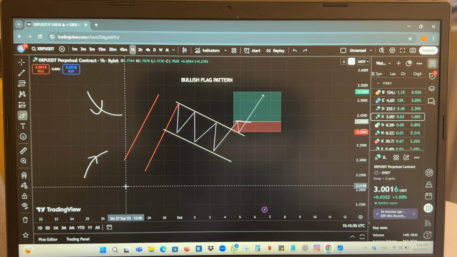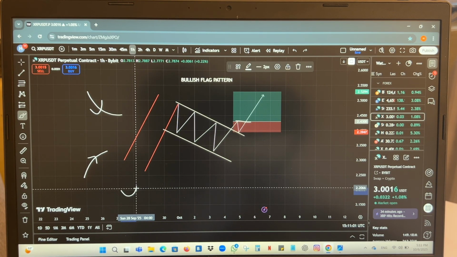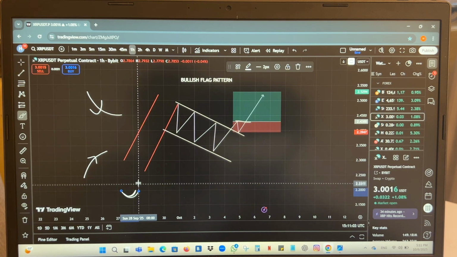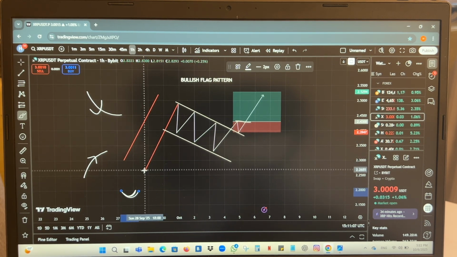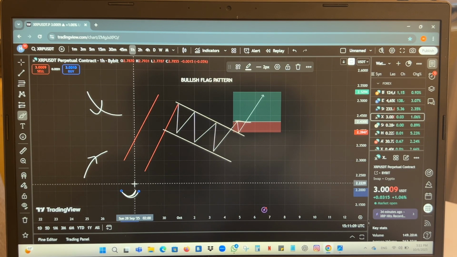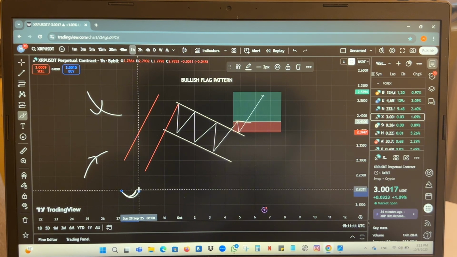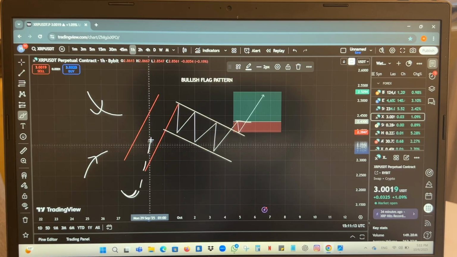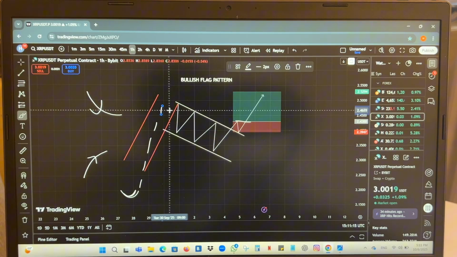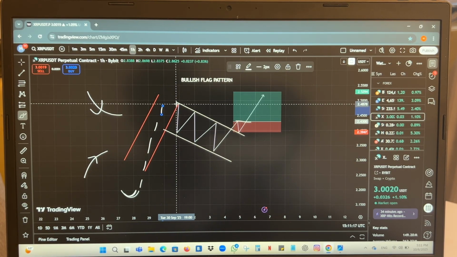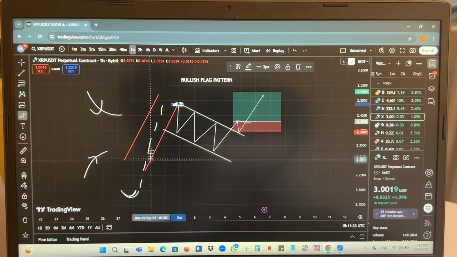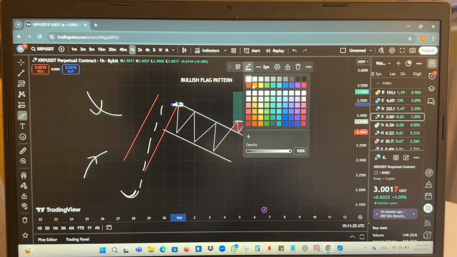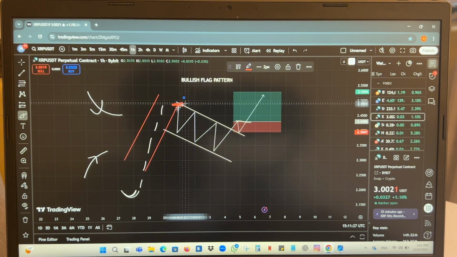We are going to take the low, from the low itself before it started being extremely bullish, and get the length from there to this high itself, the first high of the bull flag.